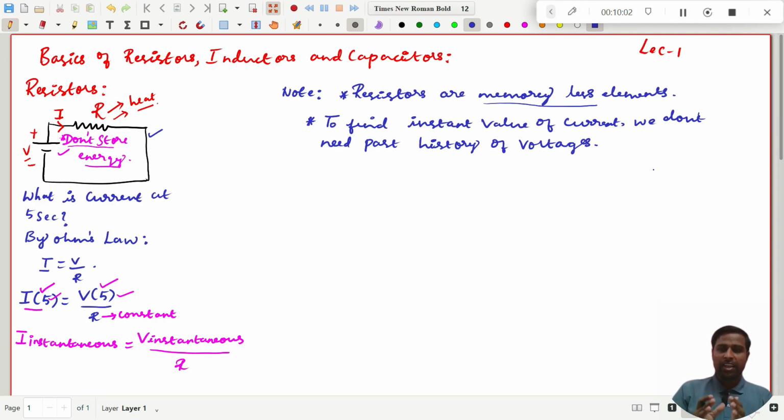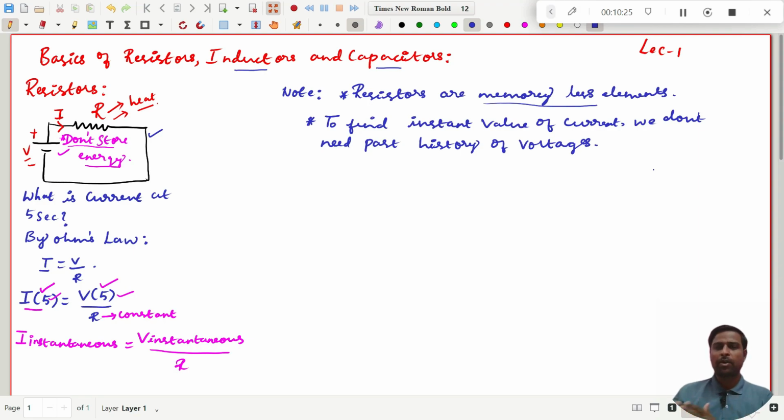Why am I very keen to explain a resistor in this way? Since inductors and capacitors are energy storing elements, I just want to compare. These three elements are related to each other, and we are going to use all of them in an electrical network.